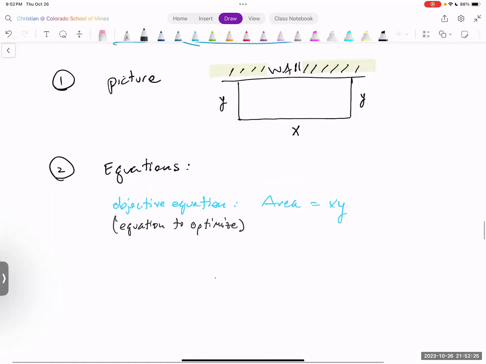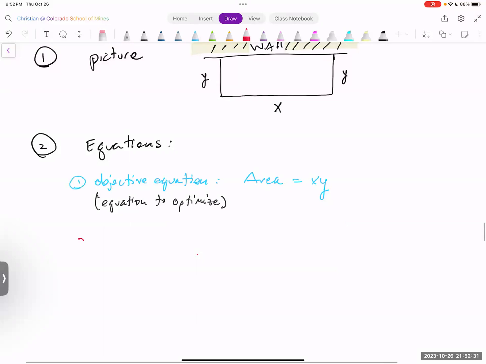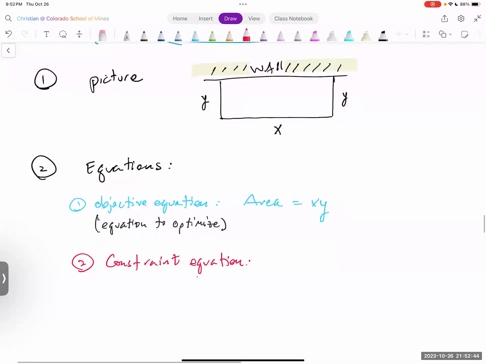Now, what else can we come up with? We've come up with one equation here, our objective equation. We could also come up with what's called a constraint equation, which is just another equation related to the situation. For example, we could come up with a perimeter equation.